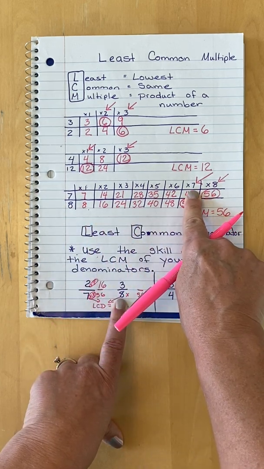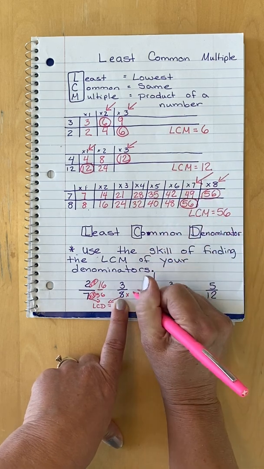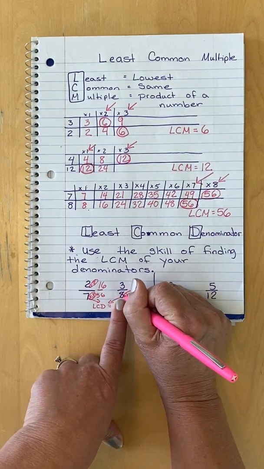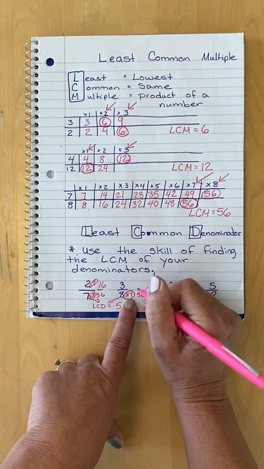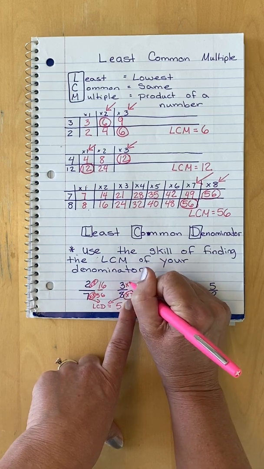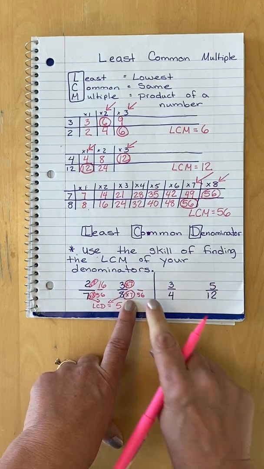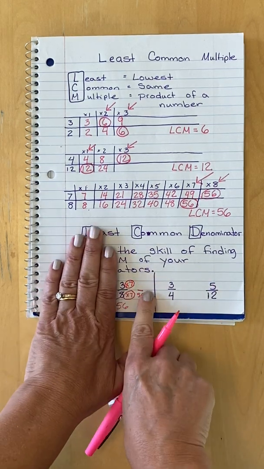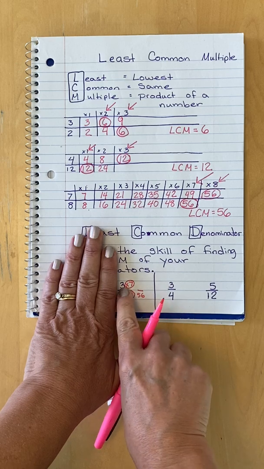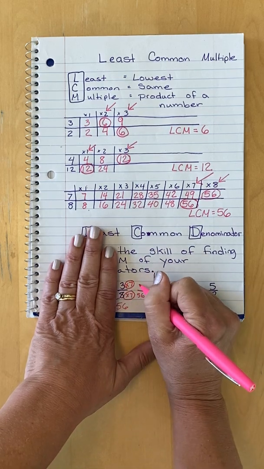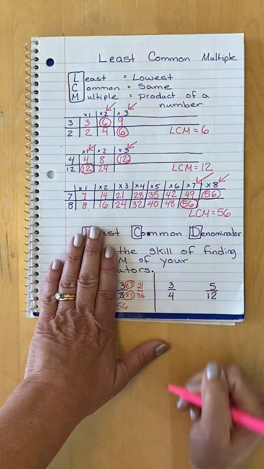There's my factor of change. So it's times 7. Now, whatever I do to the denominator, I must do to the numerator, because we want to keep those two fractions equivalent. So 3 times 7 is 21.